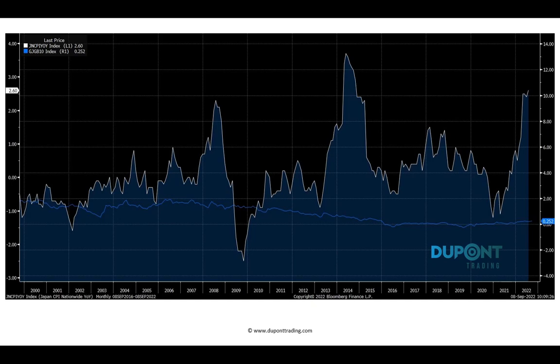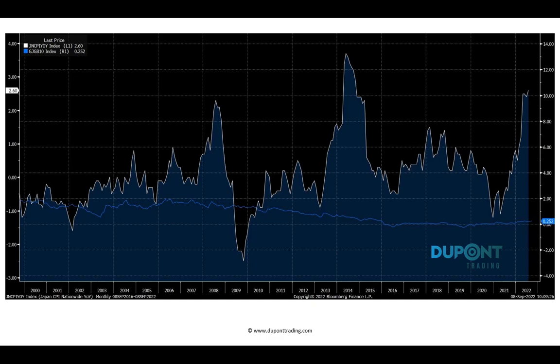Looking at yields, what the Bank of Japan has been saying for quite a long time is that inflation, here in white, the year-on-year CPI in Japan, is around 2.6%. As there was no inflation, there was no reason for the Bank of Japan to raise interest rates. That was very true until 12 months ago.